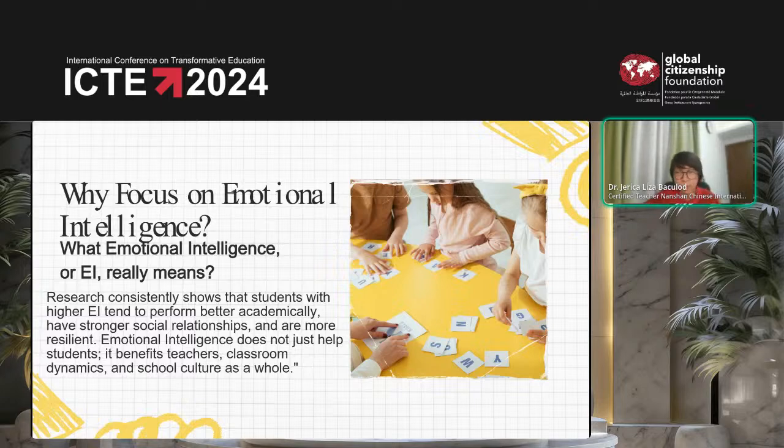Before I proceed, I want to try posting a question for everyone in the Q&A box, or maybe I can also put it in the chat box so that everyone can share and answer. So, what are the indicators or signs of an effective SEL program?